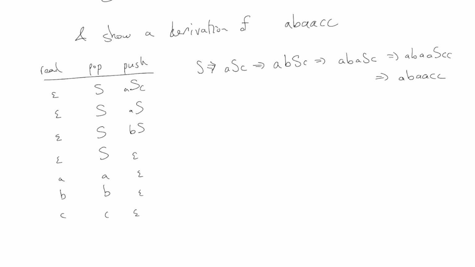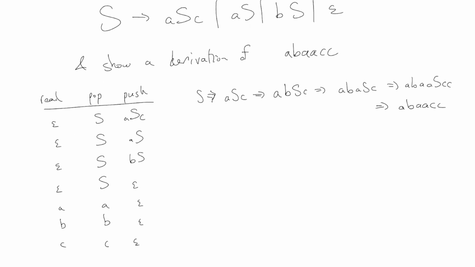This is the stack machine as I wrote it. I think pretty much there's not any debate about that part. You just do what I said to do in terms of translating step by step the grammar into a stack machine. Now, how do I make a derivation of this particular string? I would suggest you write down a grammar derivation of that string, which I did here. Now, I did this first rule first, S goes to ASC, although there are other ways that you could have done the grammar derivation, which would lead to different stack derivations also. But this is how I did my derivation on the grammar.